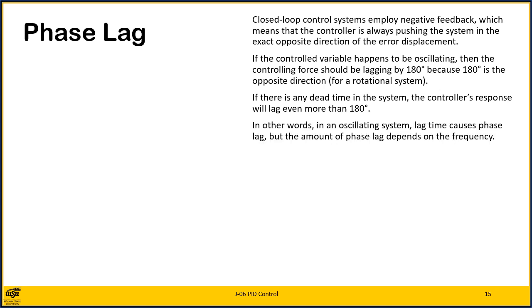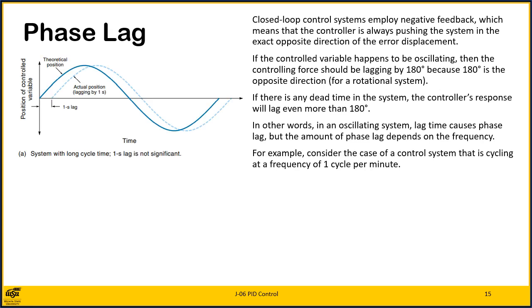In other words, in an oscillating system, lag time causes phase lag, but the amount of phase lag depends on the frequency. For example, consider the case of a control system that is cycling at a frequency of 1 cycle per minute.